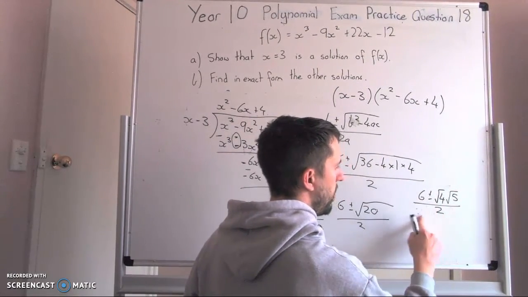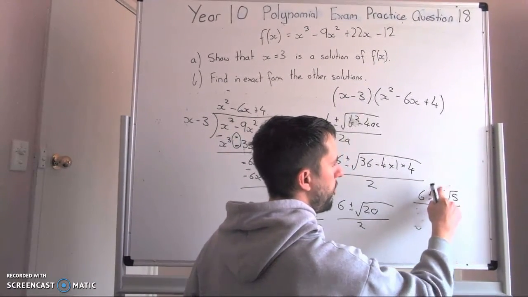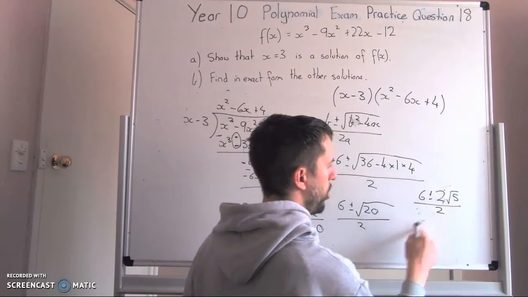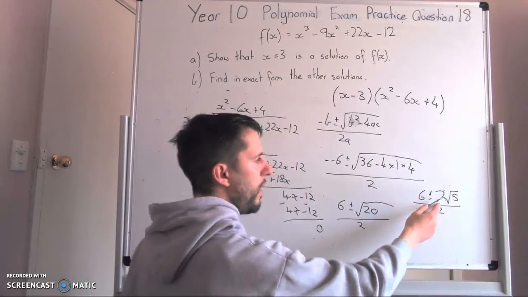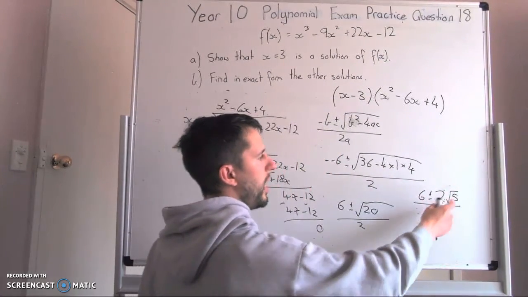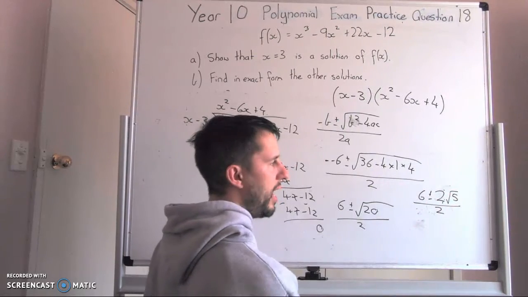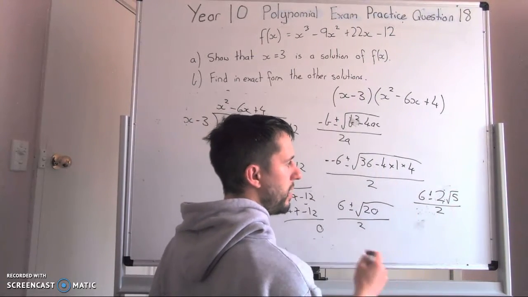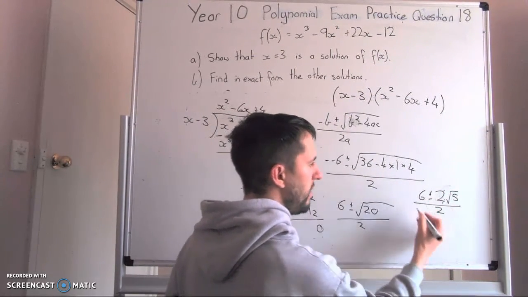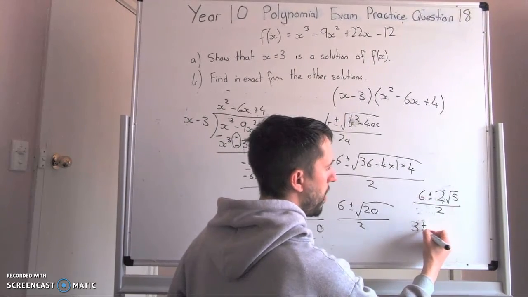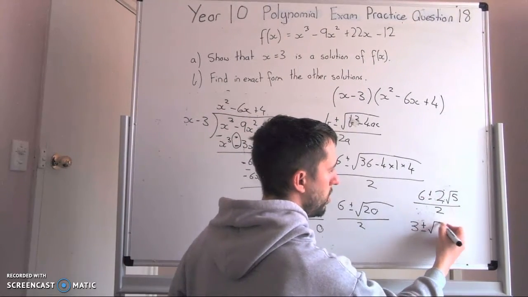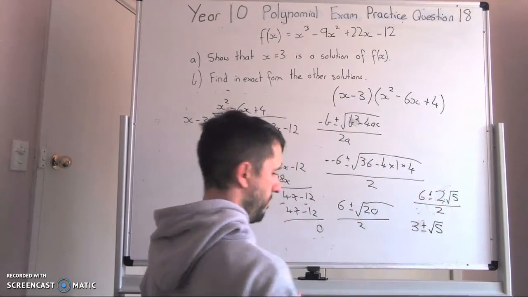So I can change square root 4 and make it 2. Now I can see a common factor of 2. So I'm going to get a common factor out of 2 and divide it by 2. So that gives me 3 plus or minus square root of 5.